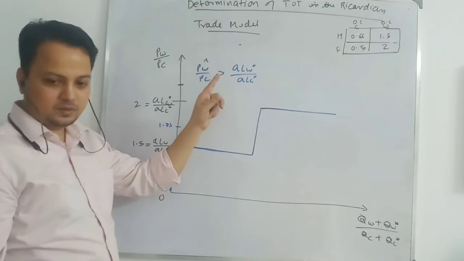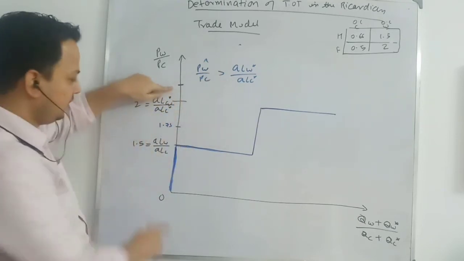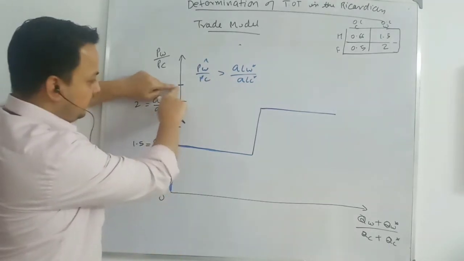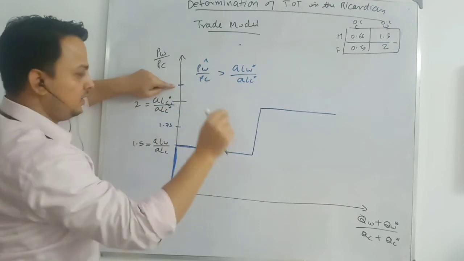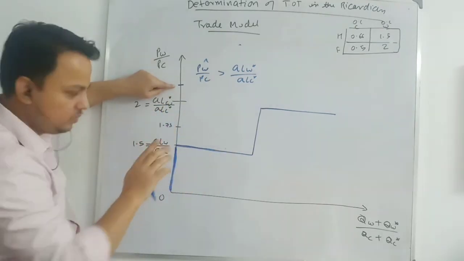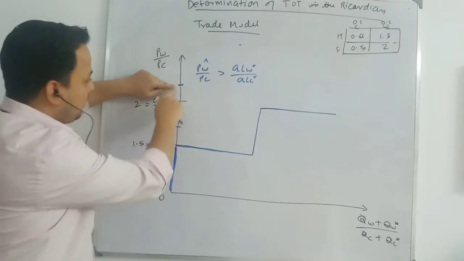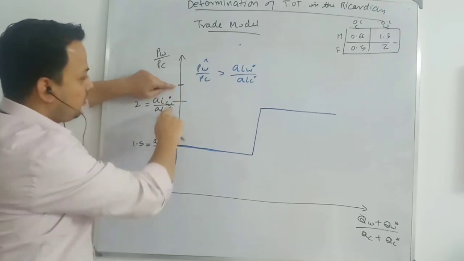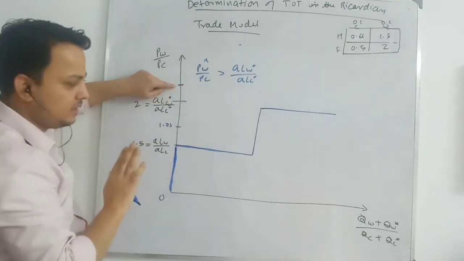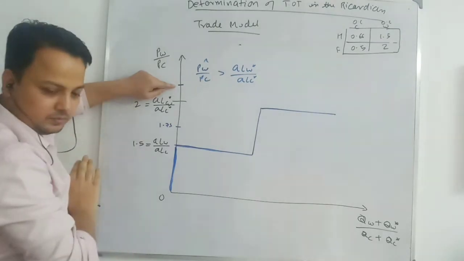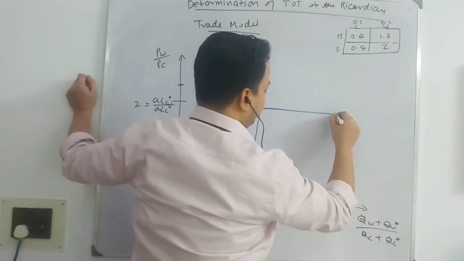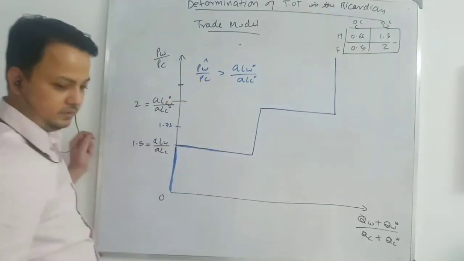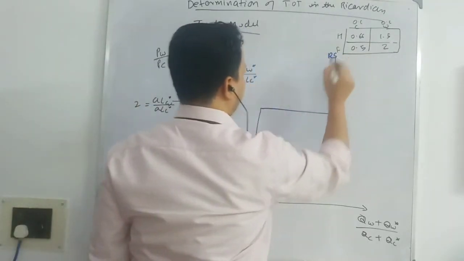It will specialize and produce only wine; home will also be specializing in wine. So if you have any relative price, or terms of trade, that is above the opportunity cost of the foreign country, which has no comparative advantage, both countries will specialize in the production of wine, and your relative supply curve will go to infinity; it will become vertical. So this is the derivation of your relative supply curve.